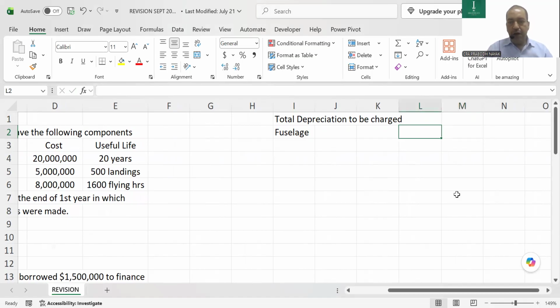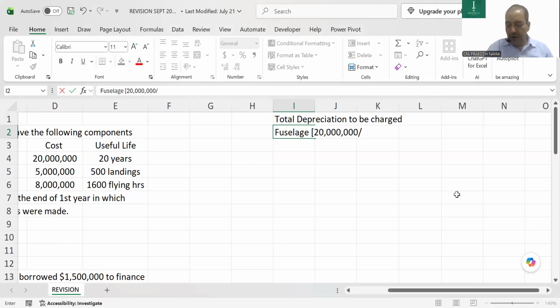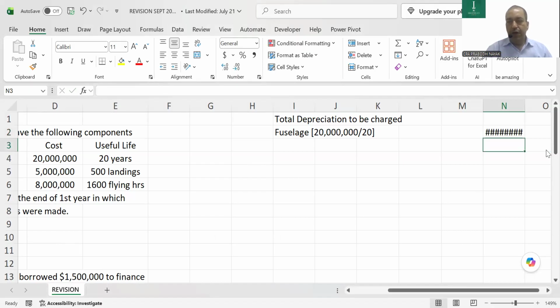It's a 20-year life of the asset. So we'll be taking $20 million and dividing by 20 years, that is the life of the asset. That will give us a depreciation of $1 million.